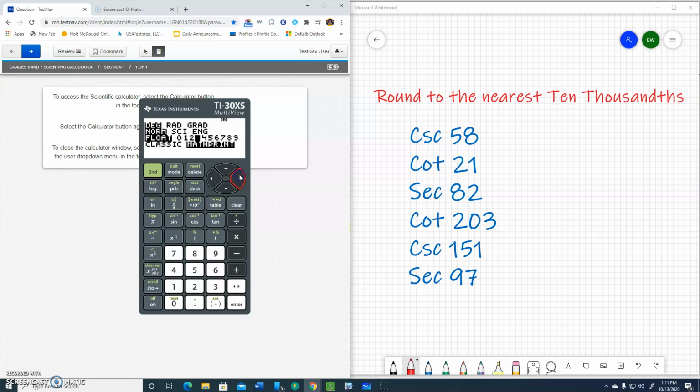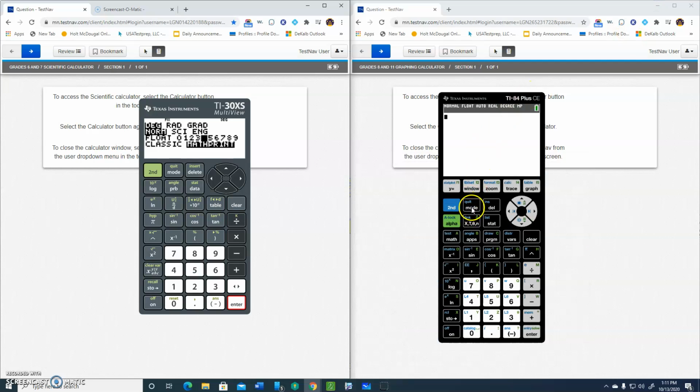I'll do the same thing with my graphing calculator. Mode, there it is on the float. Change that to 4. And 4 will be 10,000. Enter. Okie dokie. So both calculators are good to go.